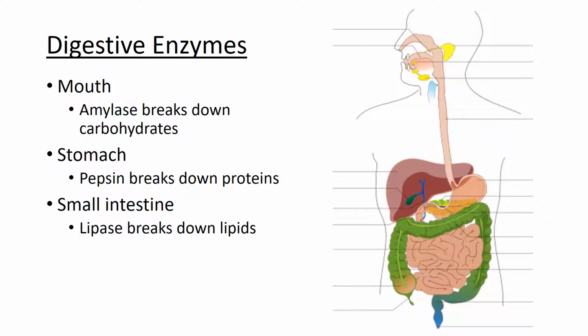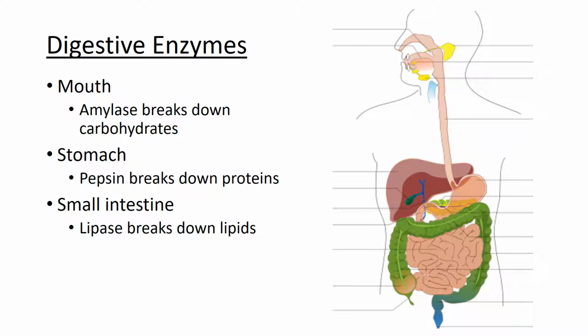What are some examples of enzymes? Well, one category of enzymes is digestive enzymes. And on the right, we have an image of your digestive system. The digestive system takes food and breaks it into molecules that can be used by your body. In your mouth, you have an enzyme called amylase.